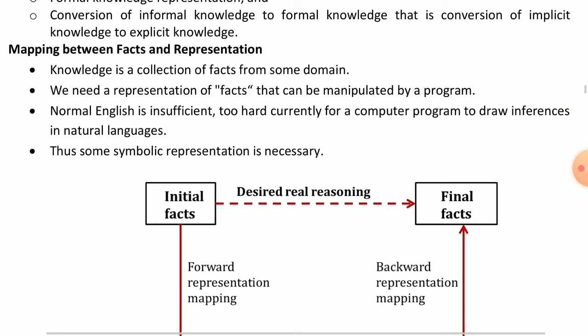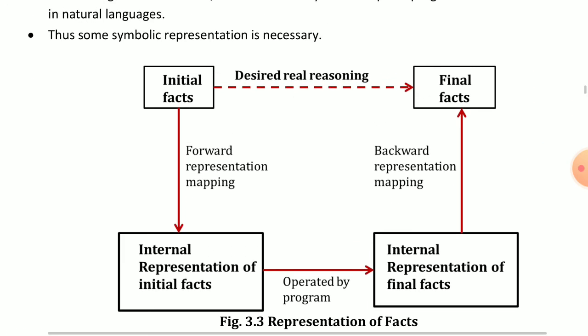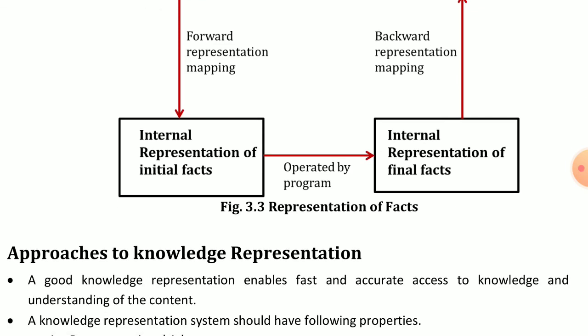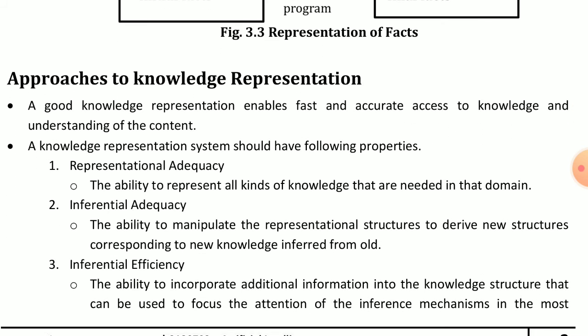Then mapping between facts and representation, how we can represent the facts, its basic scenario is given in figure 3.3. These two topics were completed in the previous video lecture.